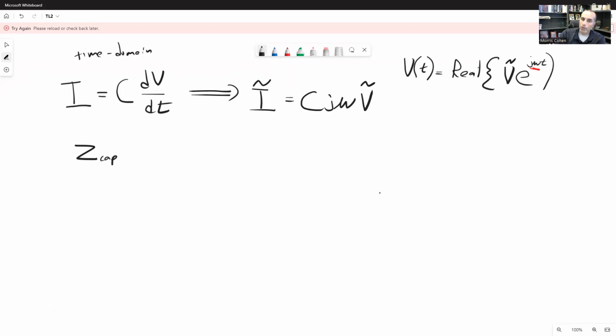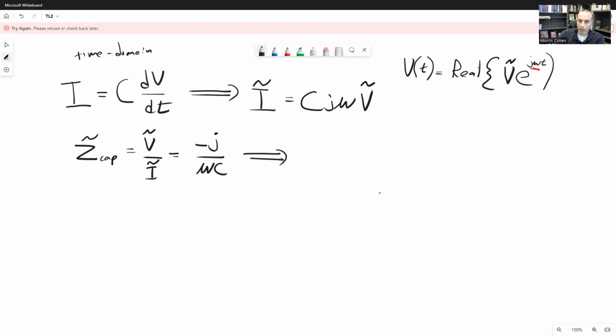There is a ratio of voltage to current that we can very easily define from this equation, and this equals the phasor value of V divided by the current in phasor form. This works out to be minus j over omega times C, where omega is 2 pi times the oscillation frequency and C is the capacitance.